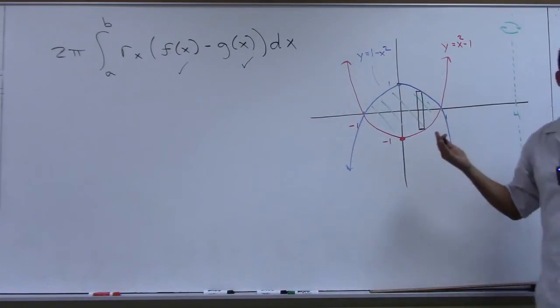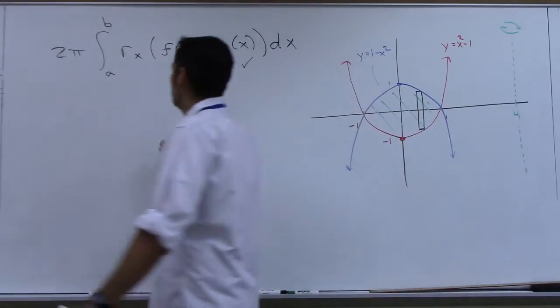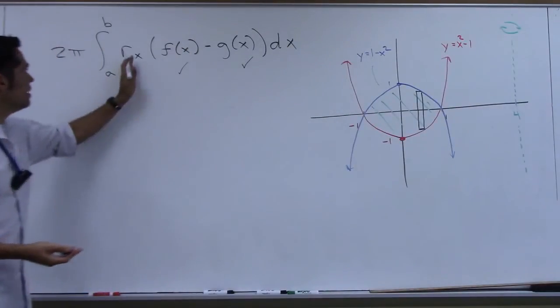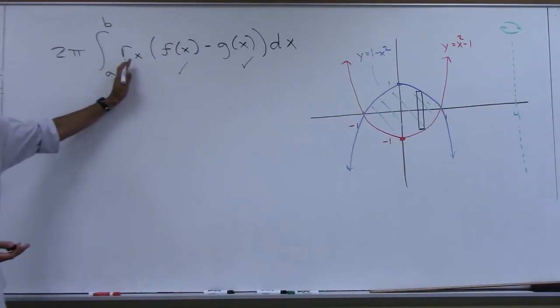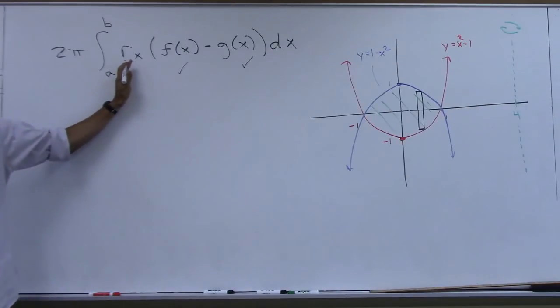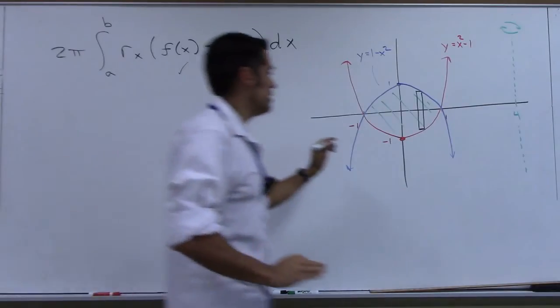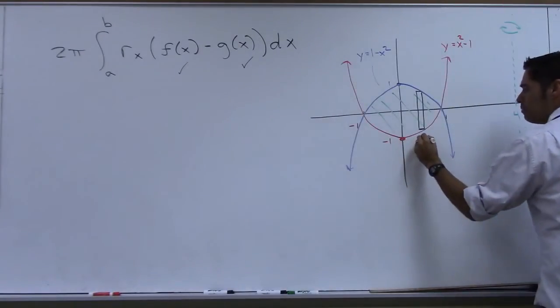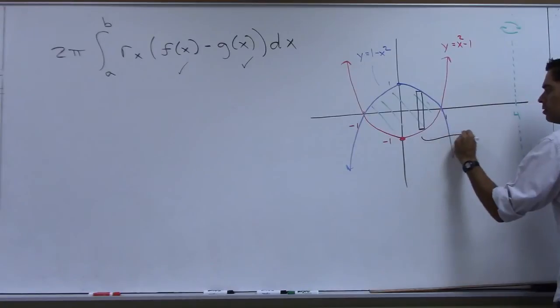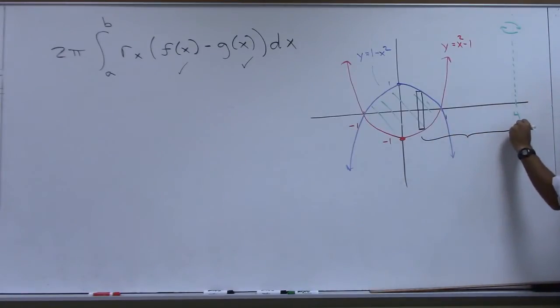The only thing left to find that's going to take some work is the radius, which is the distance from the rectangle to the axis of rotation. So we need to find the distance from the rectangle to the axis of rotation.